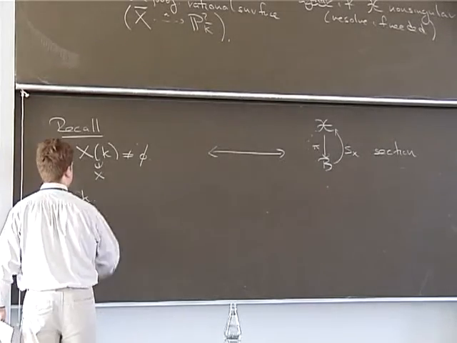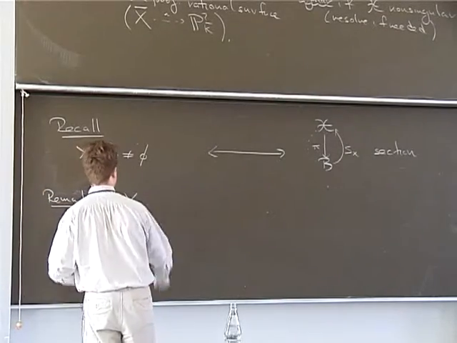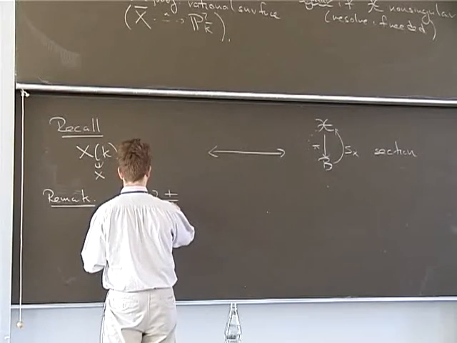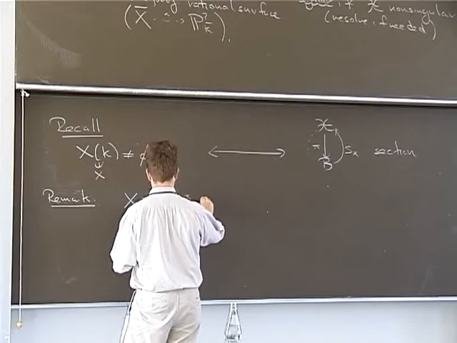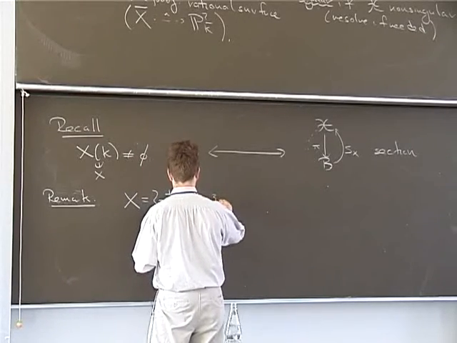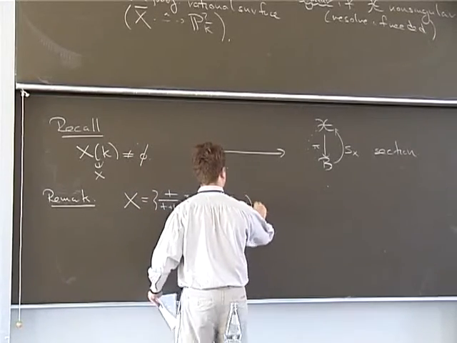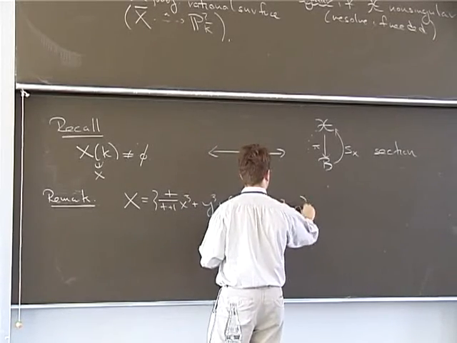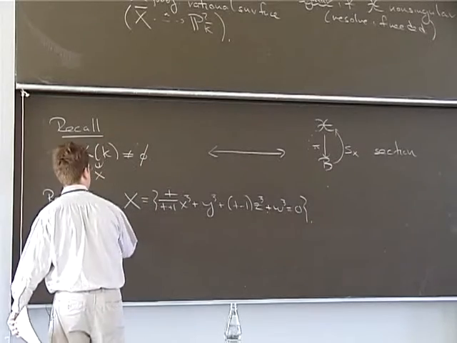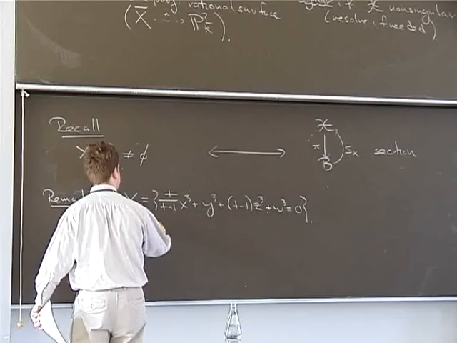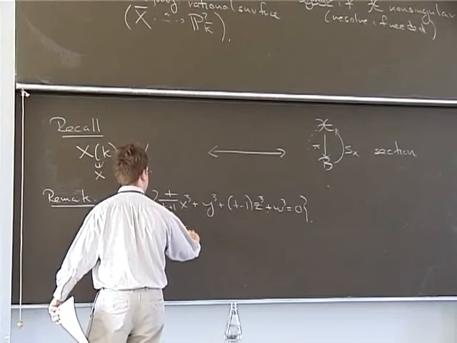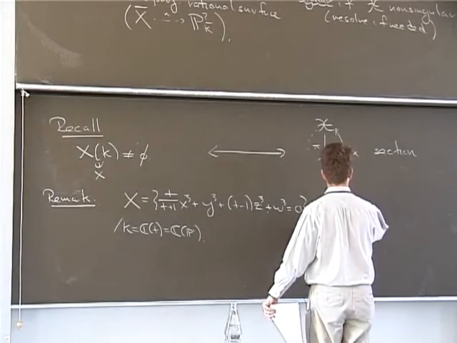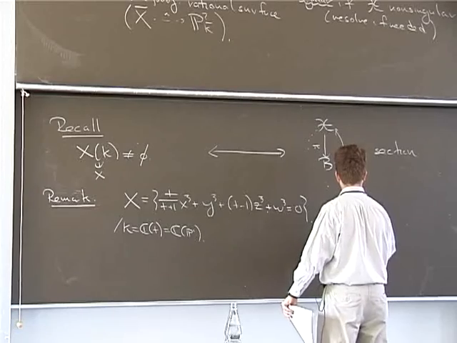So let's take a concrete example, and then I can draw a lesson from this. So let's say we have the following cubic surface. I'm thinking of this as being defined over K equals C(T), which is a function field of P1. So when I take the model, a possible model will look like this.